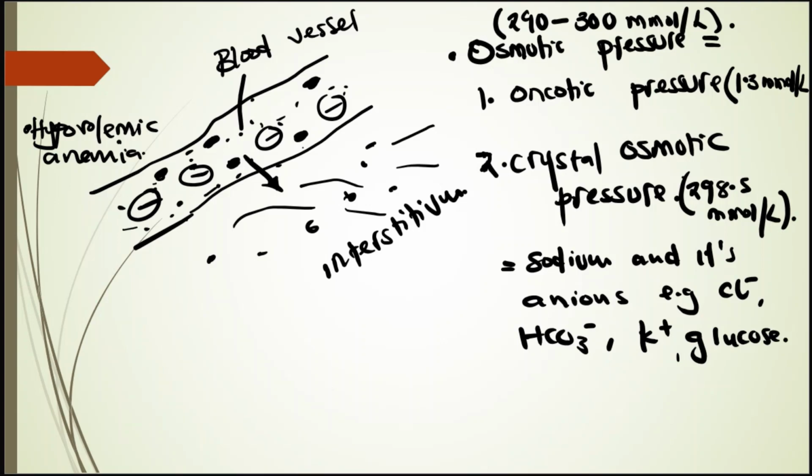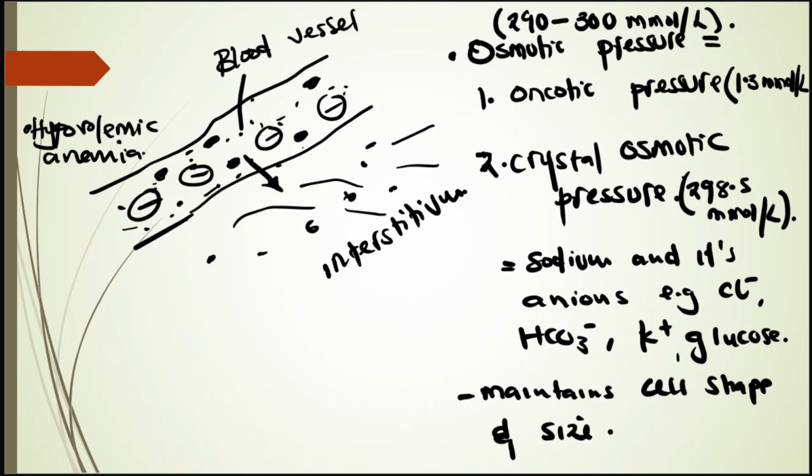All right. Now, what is the function of crystalloid osmotic pressure? It maintains cell shape, number one, and size. So the shapes and the sizes of the cells are maintained by crystalloid osmotic pressure, which is about 298.5 millimoles per liter.